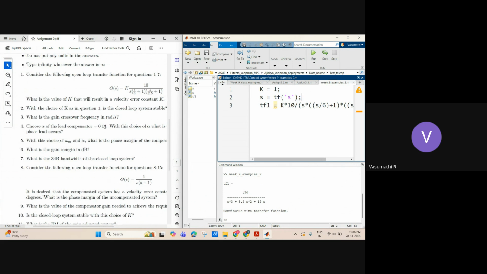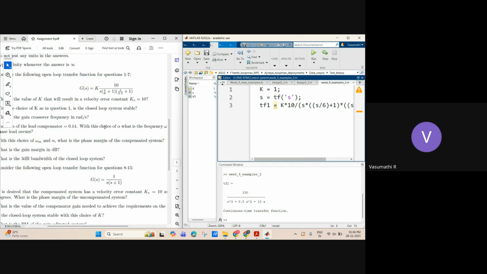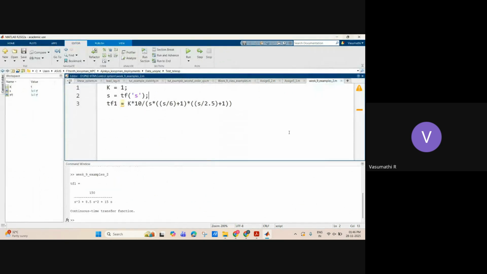Then the next question is, what is the value of k that will result in a velocity error constant of Kv equal to 10? That we are going to find now. How to do that? We know the formula Kv equal to limit s tends to 0 of s into G of s, right?